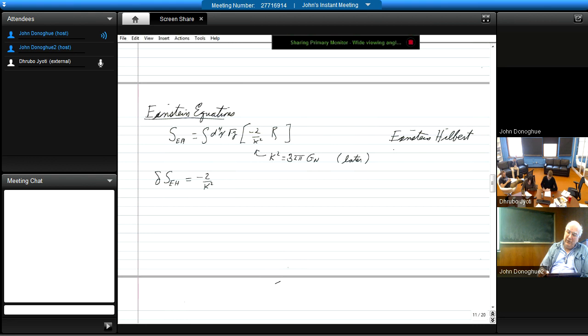So this constant is just going to be carried in the front. I have the integral d^4x, and then I have to vary square root of g, g^{mu nu}, R_{mu nu}. We're going to vary each of these.